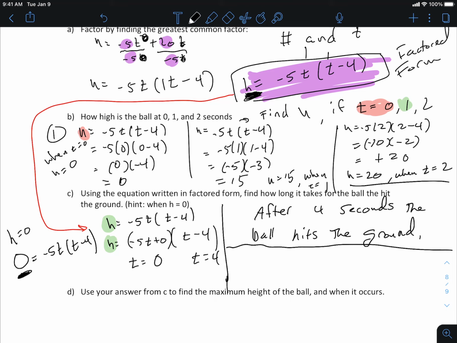And then you're able to solve. You're solving for the two t values that set each of these two pieces equal to 0. Well, if t equals 0 here, then it works. If t equals 4 here, then this one's 0. That's how you know this works.